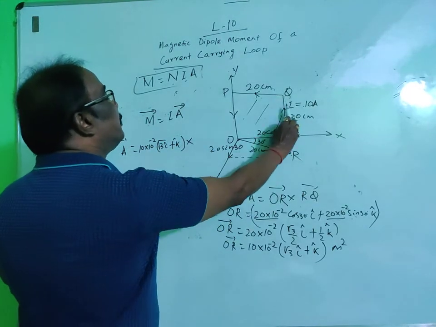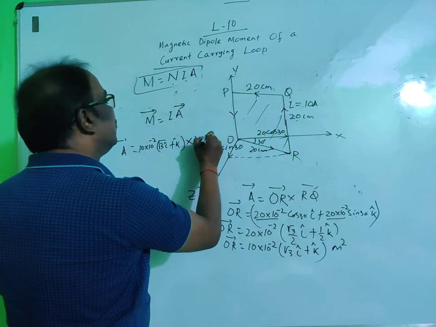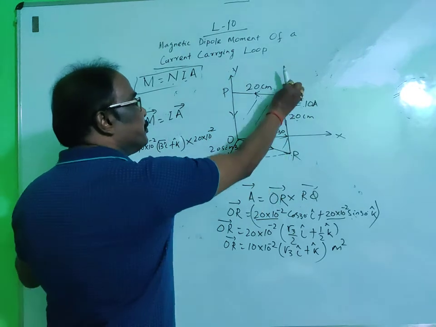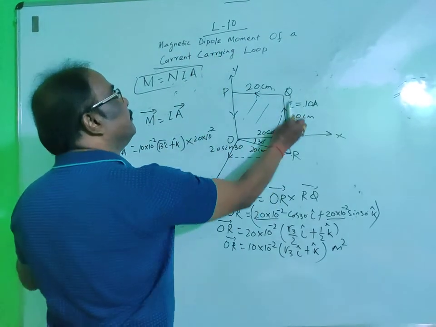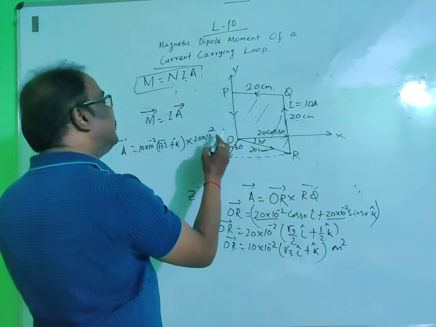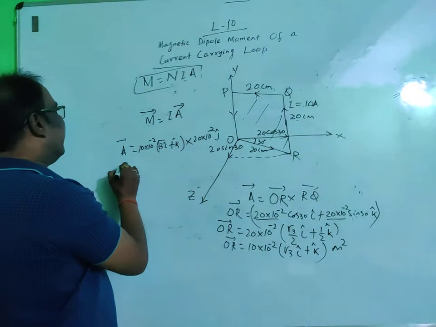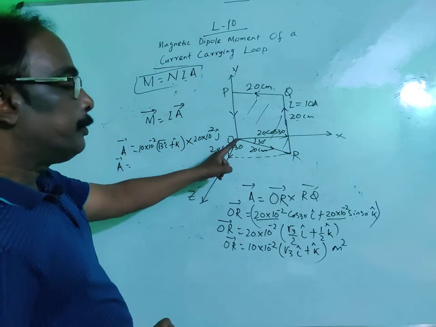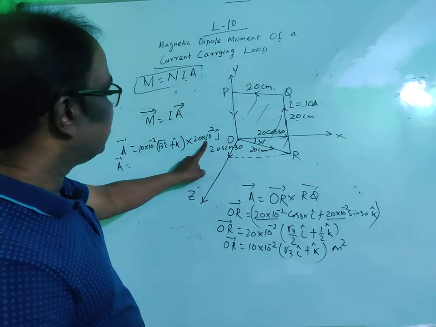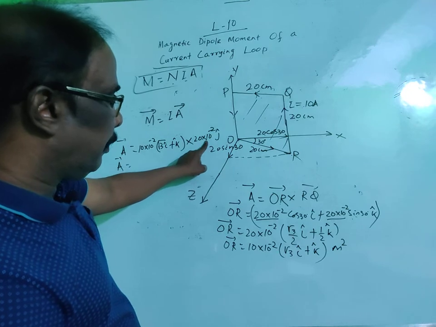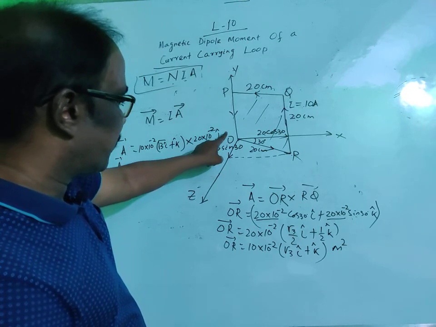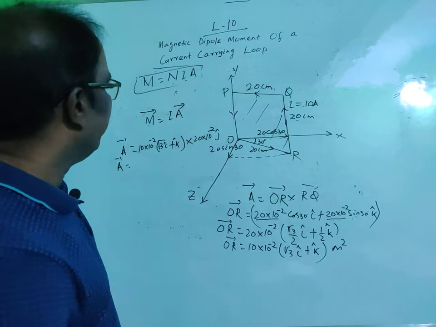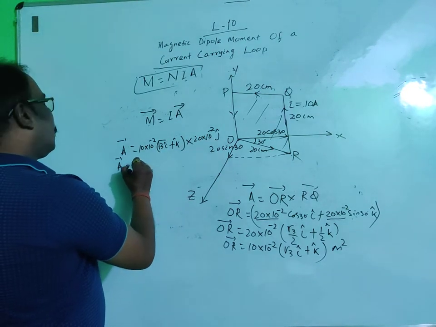RQ is 20 centimeter, meaning 20 into 10 to the power minus 2, but its direction is along the y axis, which means j cap. So the area vector, bringing it outside, is 20 into 10 to the power minus 2 j cap, crossed with the form of i cap plus k cap. Okay, then 20.